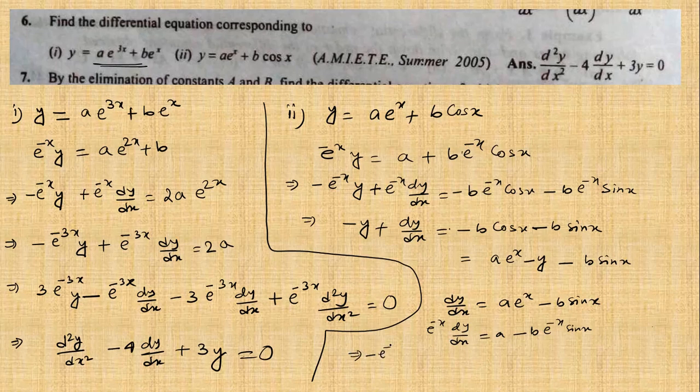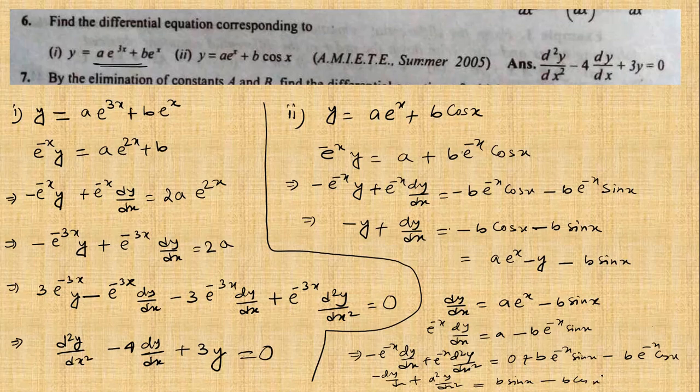So this becomes minus e to the power minus x dy dx plus e to the power minus x d2y dx square, and this is 0 plus e to the power minus x sin x and minus b e to the power minus x cos x. e to the power minus x will cancel out, so minus dy dx plus d2y dx square equals b sin x minus b cos x. Okay. We need to solve it later.